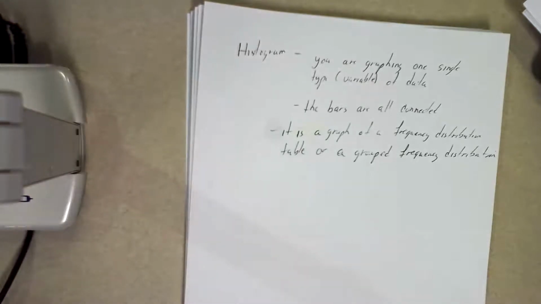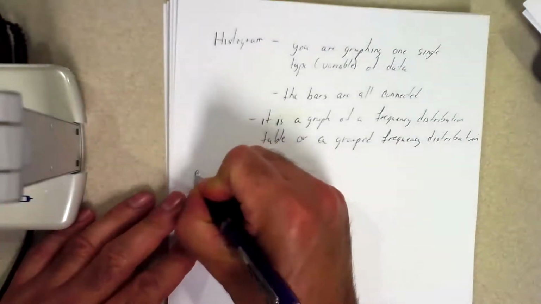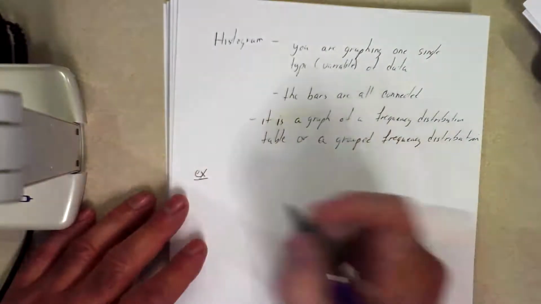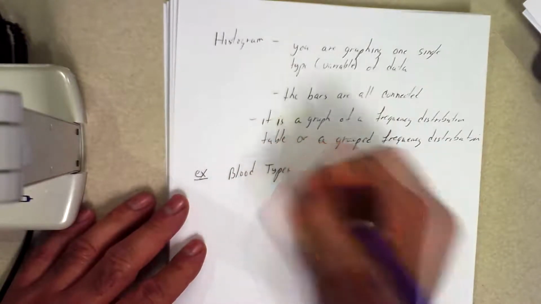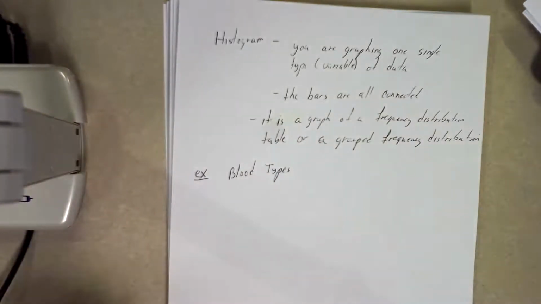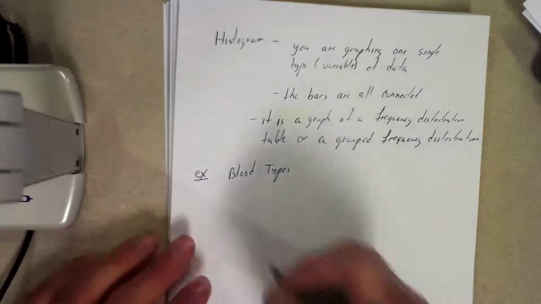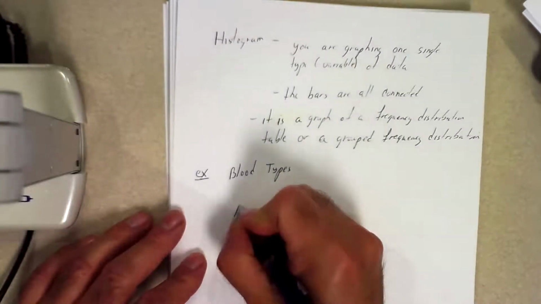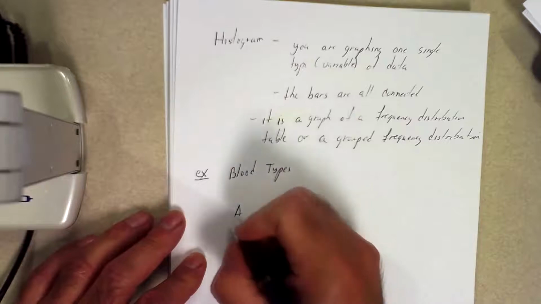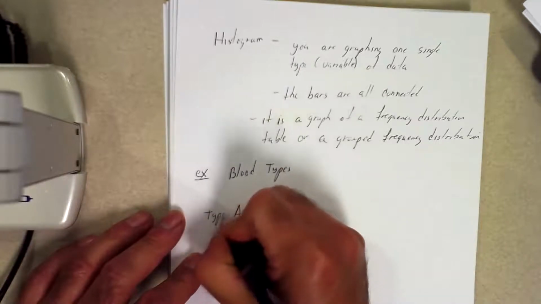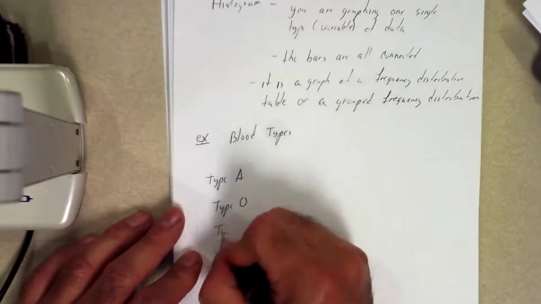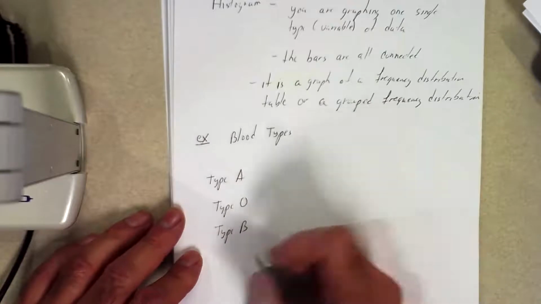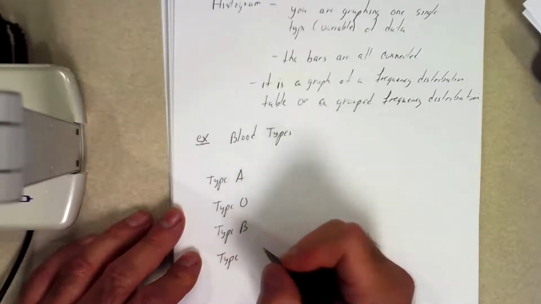All right, so let's do an example. For example, we can do blood types. So we ask people what their blood types are, right? And so we have type A, type O, type B, and type AB.